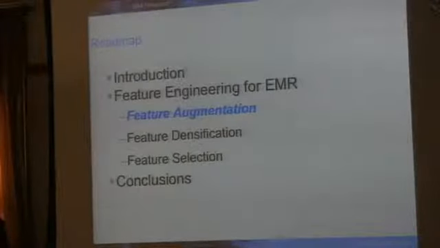A popular way is to construct a bag of feature vectors. Basically, you count over that time period how many times each feature occurs and construct the feature that way. Then we can feed those constructed patient feature vectors into the predictive modeling pipeline. So the first thing I want to introduce is this feature augmentation or generation.